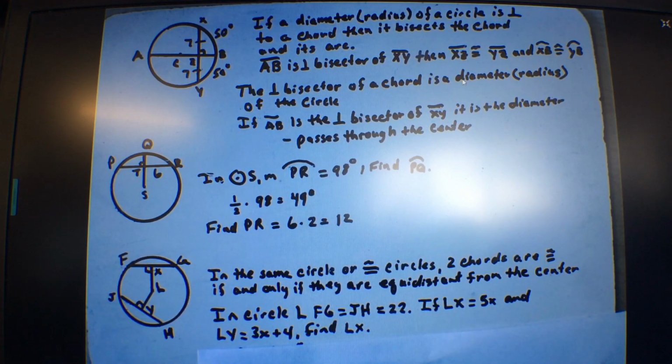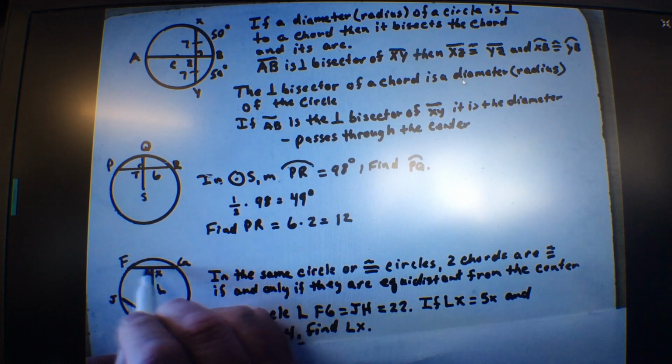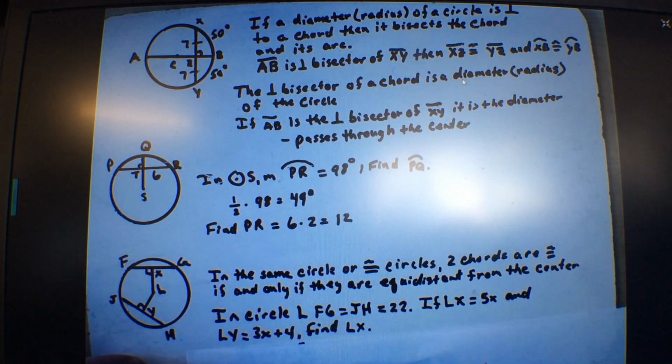So if we take a look at this, in circle L, it says FG and JH are 22. So in other words, this chord right here is 22, and this chord right here is 22. So if we know that LX, this distance here, is 5x, and LY is 3x plus 4, find LX. Well, if we know that these are both equal to 22, then we know they're the same distance away from the center.